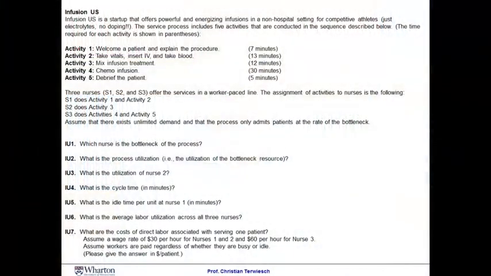Let's move to the first question. The question describes a situation of a caregiver who is infusing electrolytes to patients or to athletes. Please don't think about cycling, doping, and Lance Armstrong here. It is infusing electrolytes using 5 steps, 5 activities, and you see the processing times per athlete or per patient over here to the right.